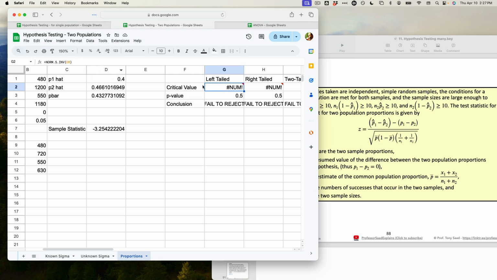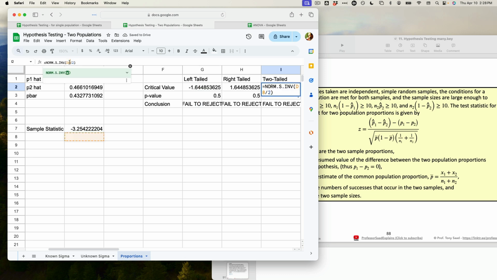So this one, the critical value, is based on the alpha level, right? The significance level. So it needs to be B6 over here. This one needs to be 1 minus B6, okay? And this last one needs to be B6 over 2. Does that make sense what I'm doing here? I copied what we did for the normal distribution hypothesis test, because this is a normal distribution test.